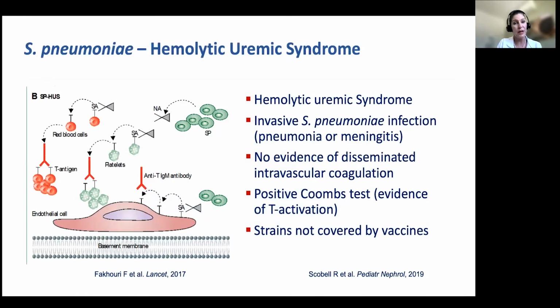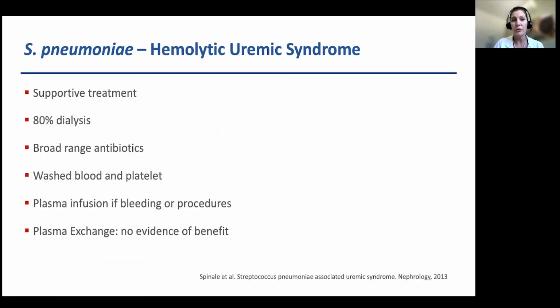So usually you have a sick child with pneumonia or meningitis in which you can show the presence of the pneumococcus, all the findings of TMA, but 90% of patients have a positive Coombs test. When you see that, you should think of pneumococcal HUS.